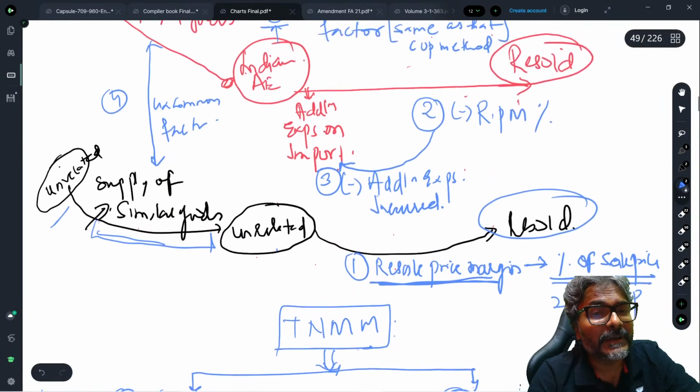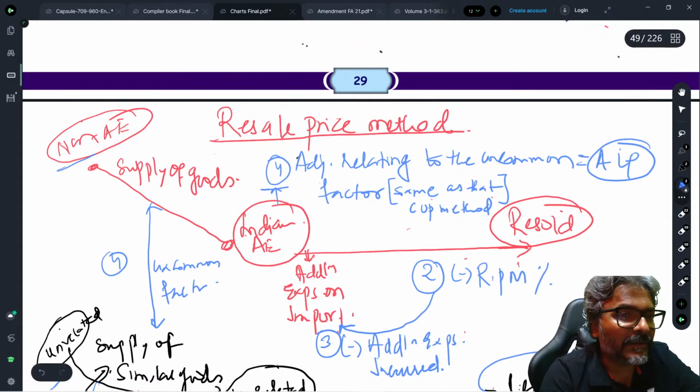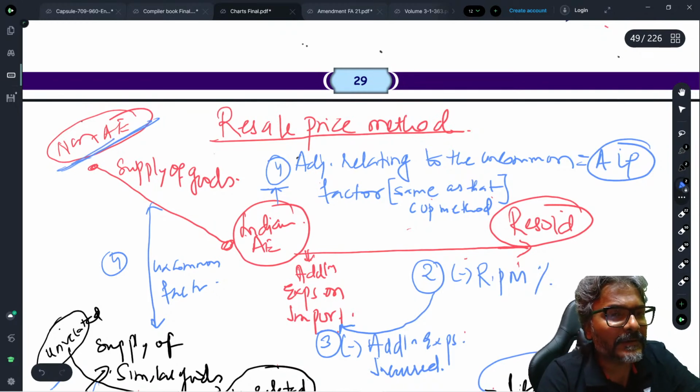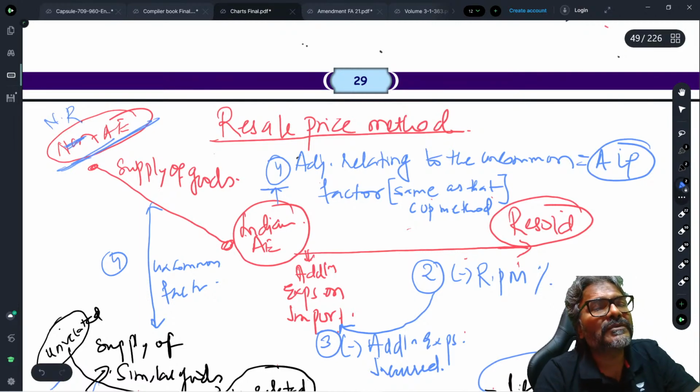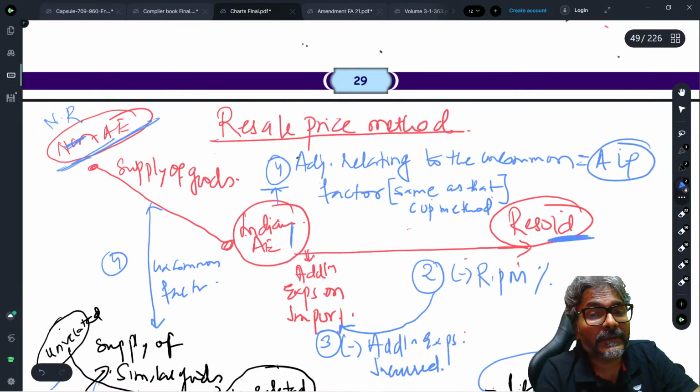Because thereafter, before I start applying point number 2, if you have your non-resident AE, NRA, who has done the supply of the goods to the Indian AE, and that Indian AE has resold the goods further, isn't it?